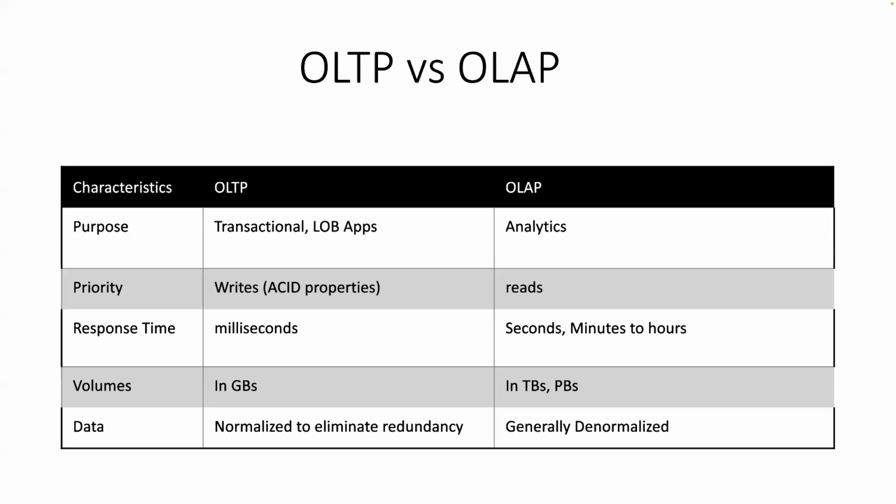Also, these differences between OLTP and OLAP are very oversimplified and generic. There are systems that support both, and we don't want to get into that complexity, but in general, this is what you should know about these differences.